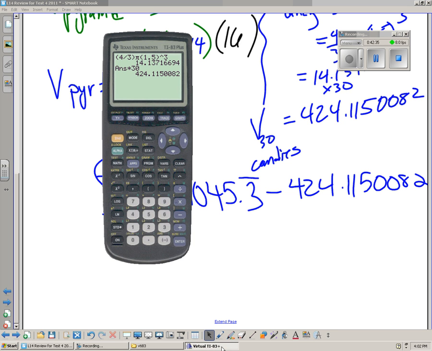So I want to type this in. If you want to type in 1045.3 repeating, just type in as many threes as will fill up the line. Minus 424.1150082. And we get 621.218 and so on.